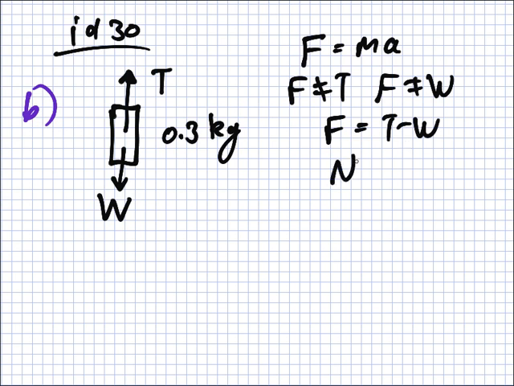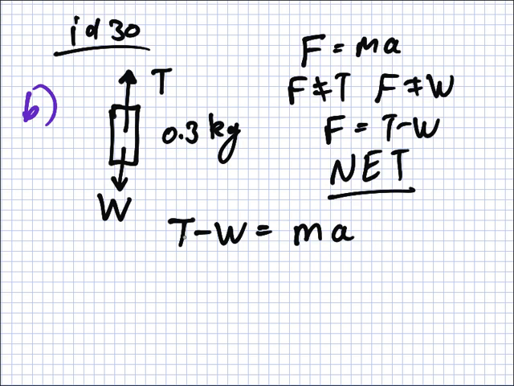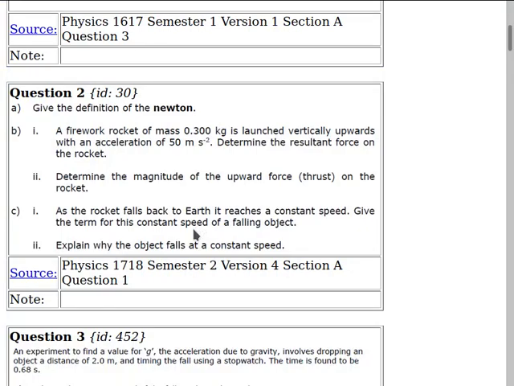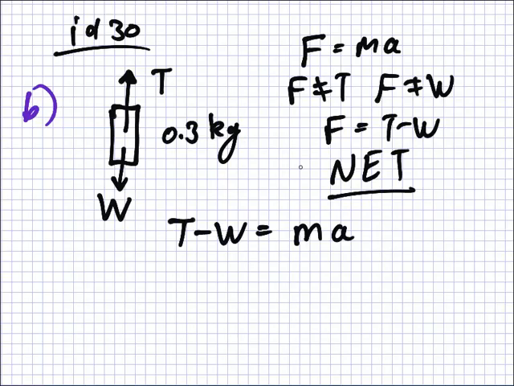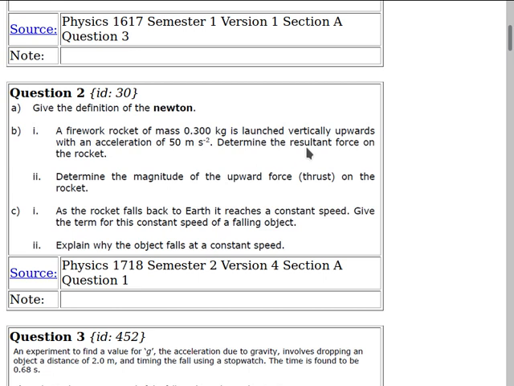The net force, remember? So F equals ma, T minus W equals ma. They don't care about the T or the W, they just want the total F because they use the word resultant.